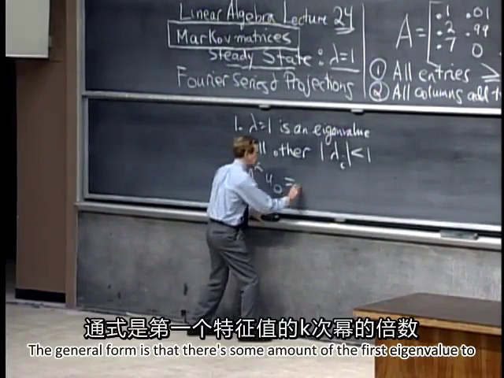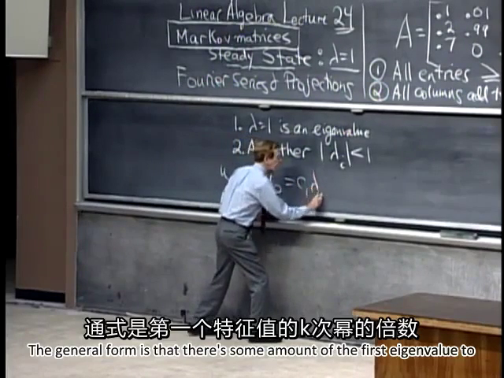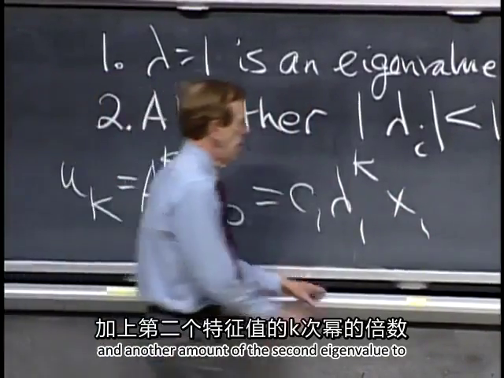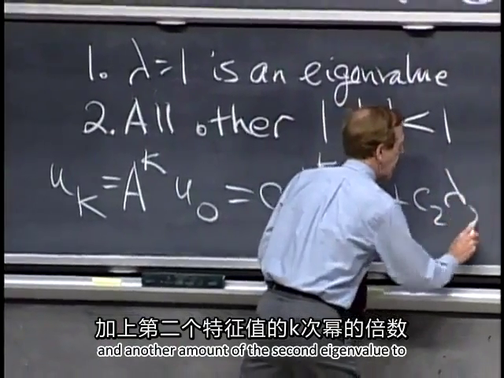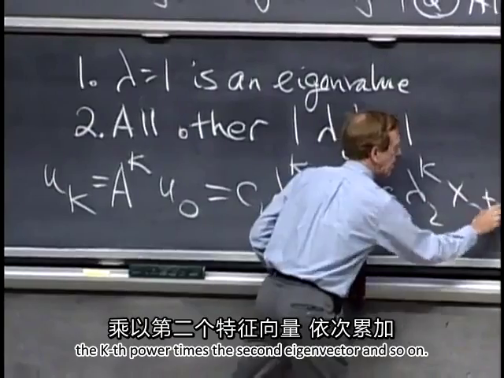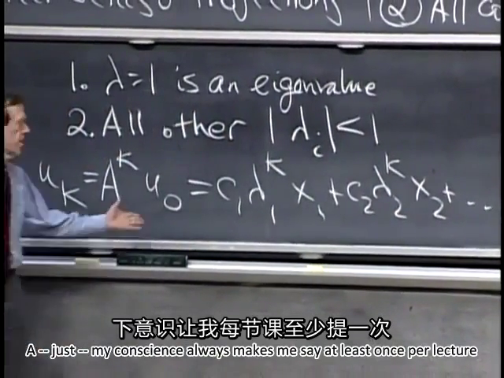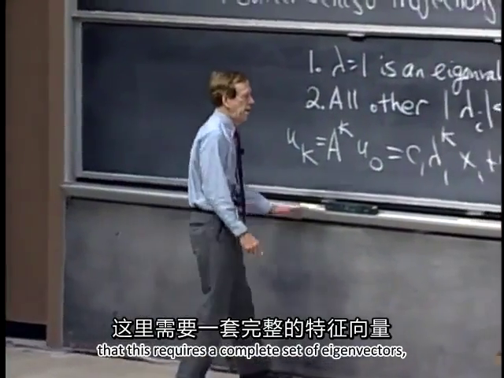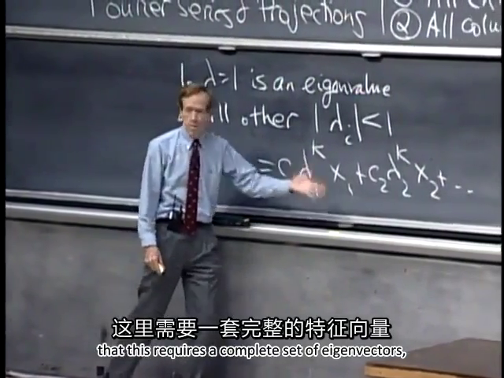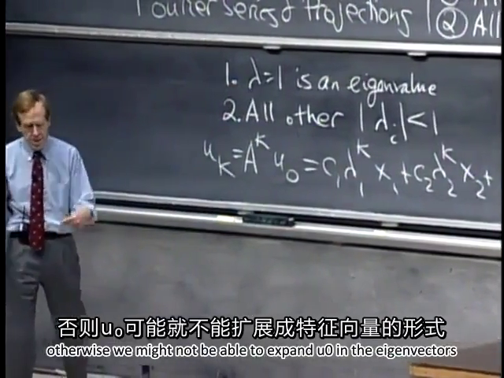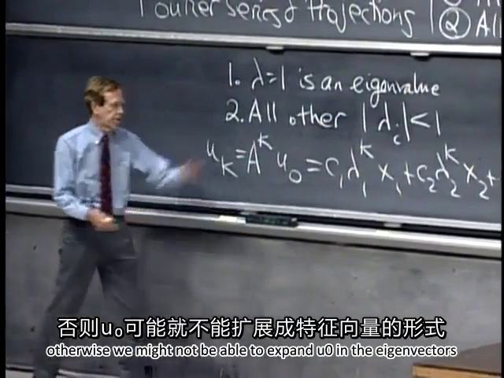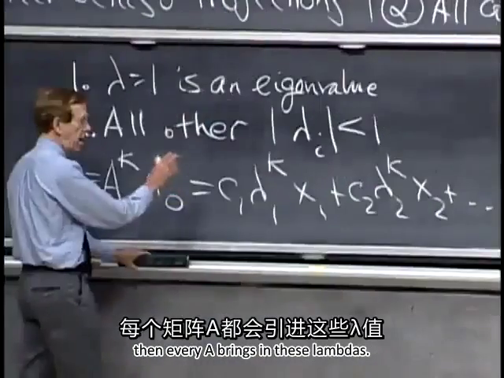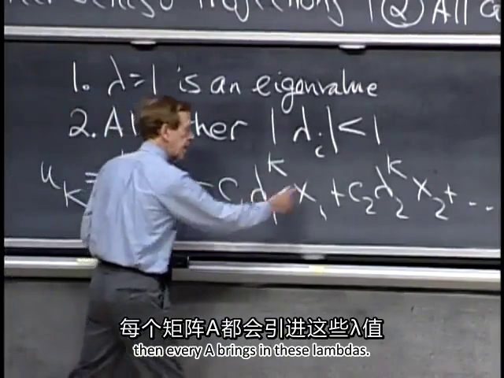There's some amount of the first eigenvalue to the kth power times the first eigenvector, and another amount of the second eigenvalue to the kth power times the second eigenvector, and so on. My conscience always makes me say at least once per lecture that this requires a complete set of eigenvectors. Otherwise, we might not be able to expand u naught in the eigenvectors, and we couldn't get started. But once we're started with u naught when k is 0, then every A brings in these lambdas.